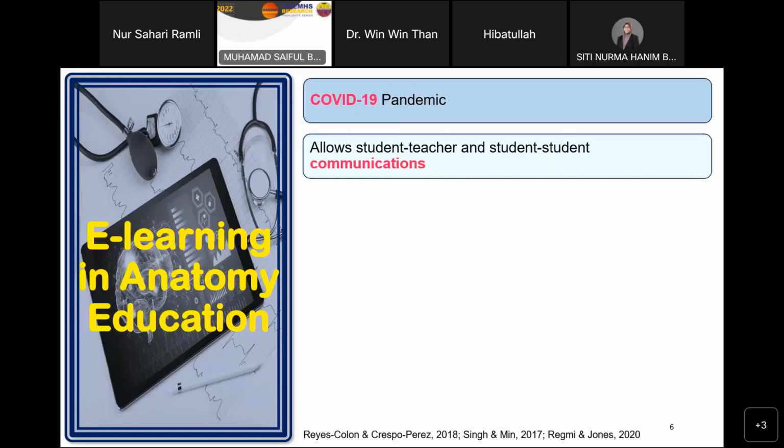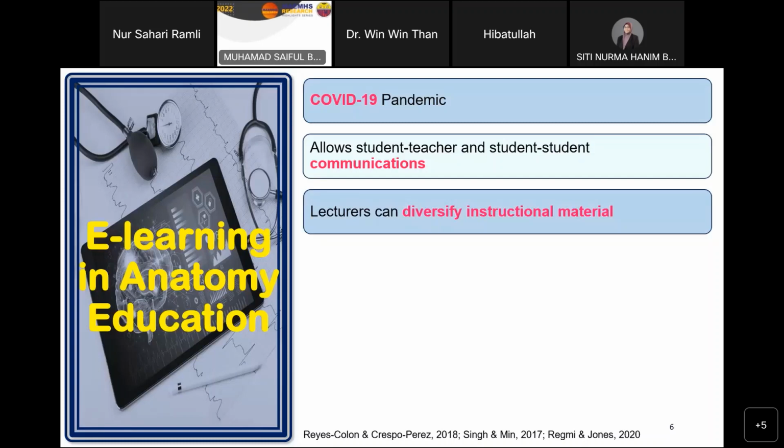Also, with e-learning, there will be communication between student and teacher and between students as well, because most learning management systems include the feature of forums or comments under the materials. That will encourage students to ask questions even though they are a bit introverted in face-to-face classes.